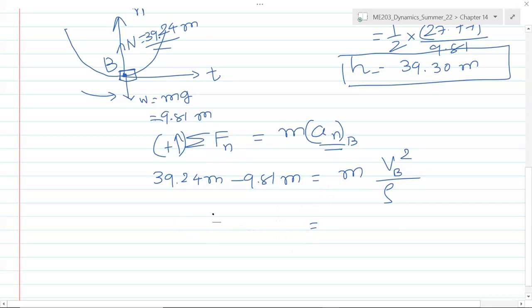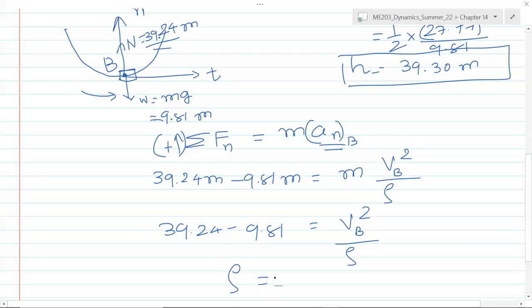We can substitute these numbers here, and since m is on both sides, we can divide by m. So we get 39.24 minus 9.81 is equal to VB square divided by the radius of curvature, and VB is 27.77 that we calculated before.